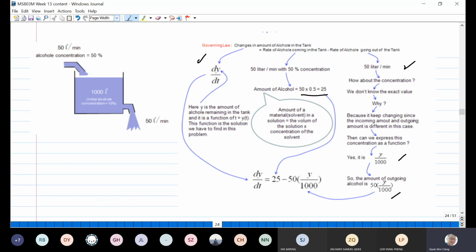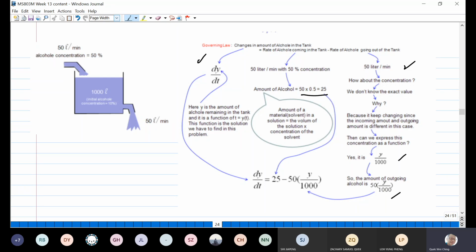So you can see that 25 liter of alcohol coming in, then 50 times Y over 1,000 liter of alcohol going out, and that gives the rate of change of alcohol content in the tank. So you have this equation, and this becomes the equation we can go and solve.